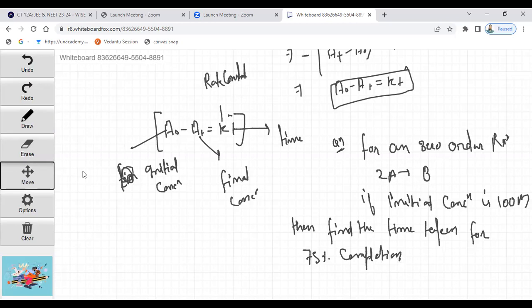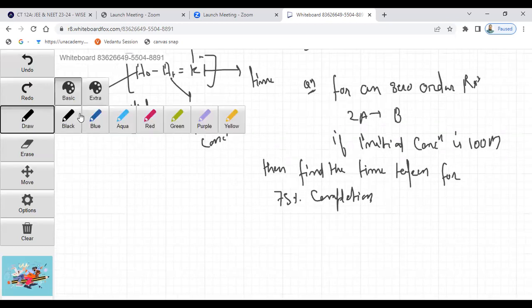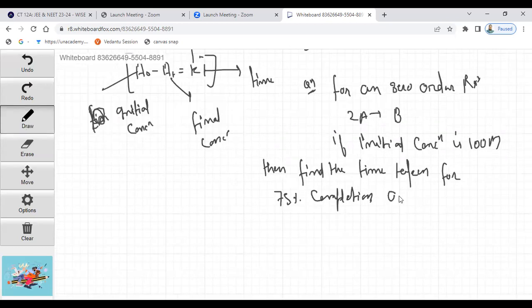Please try to solve. After that, I will discuss. And the K value is equal to 5 mole liter inverse minute inverse.